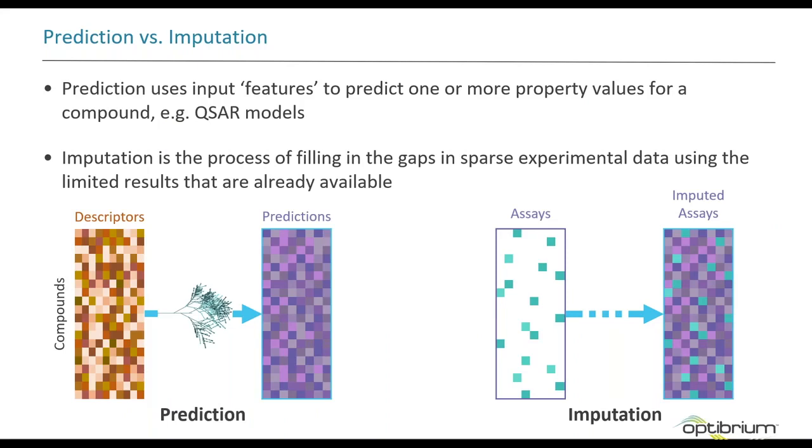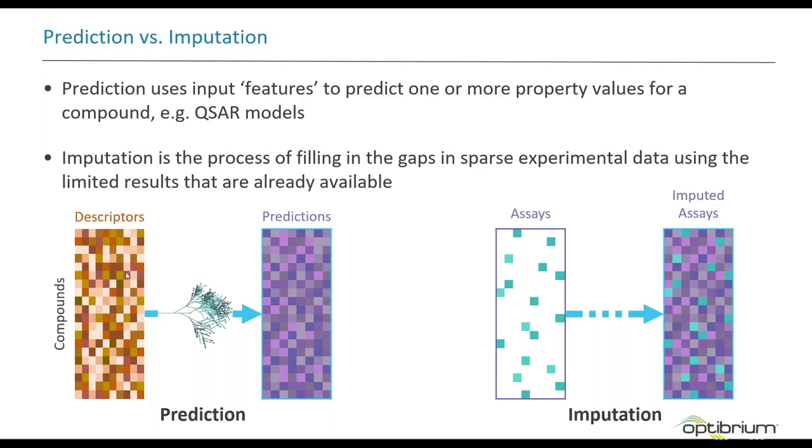We are all mostly familiar with the term prediction, which is the process of predicting one or more properties for a compound using descriptors as input. If we imagine that we have compounds that are described by descriptors, we can build a machine learning model or a QSAR model, let's say a random forest in this case, to predict one or more properties.